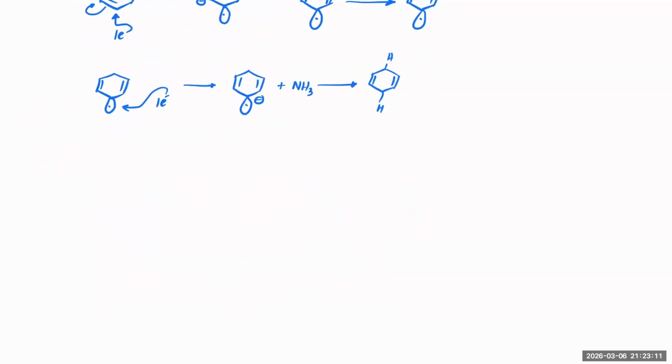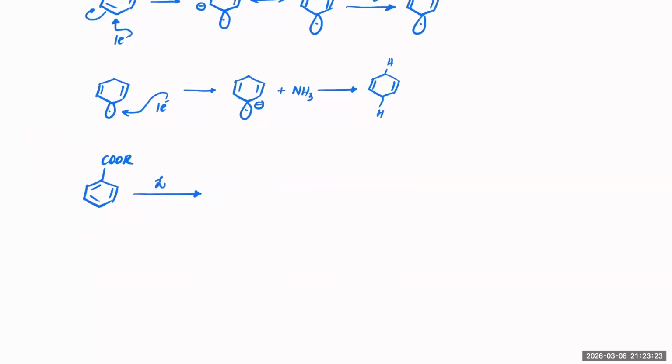Similarly, if you have benzene with an electron withdrawing group, let's say ester is a withdrawing group, and you react with lithium and liquid ammonia, you will get an addition like this. COOR, H will get added, H will get added.